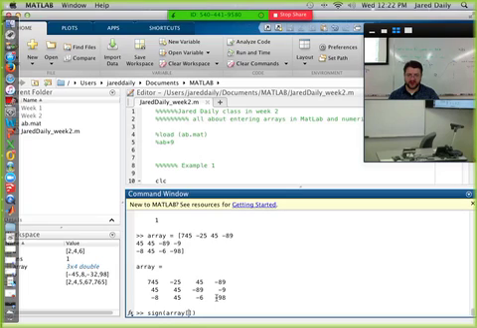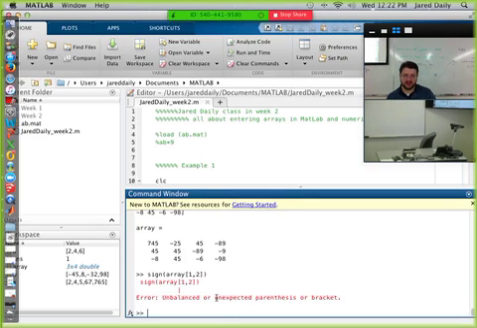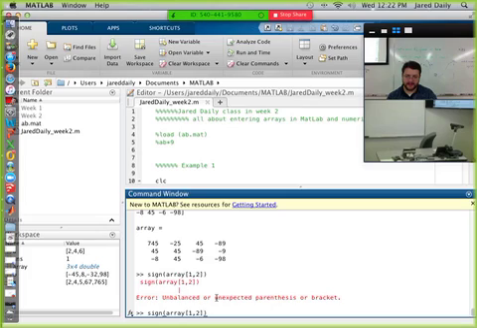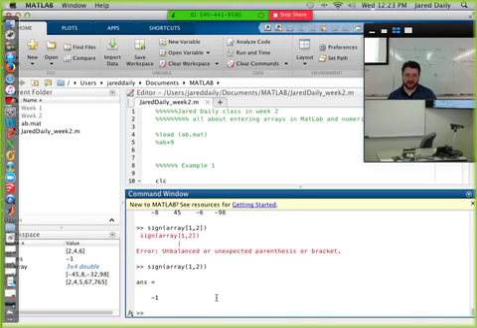And I put in my row first, so I'll put in row 1, column 2, and let's see if this works. Maybe it's just parentheses, I can't remember. Use parentheses here. There we go.